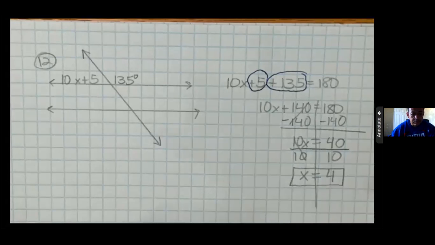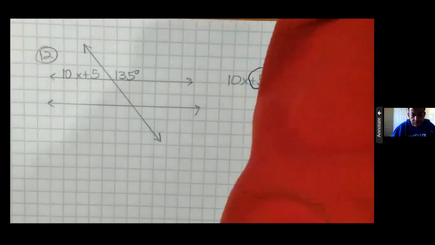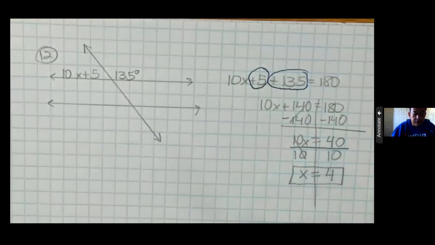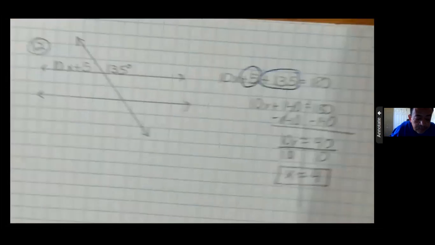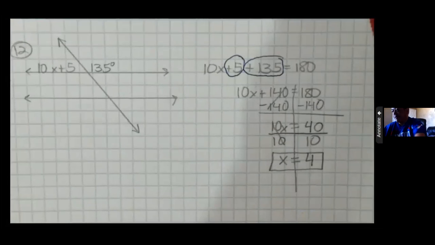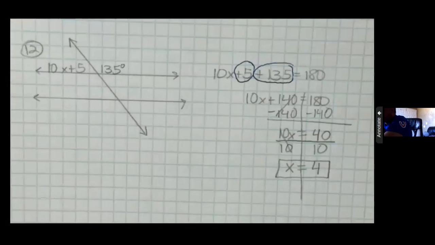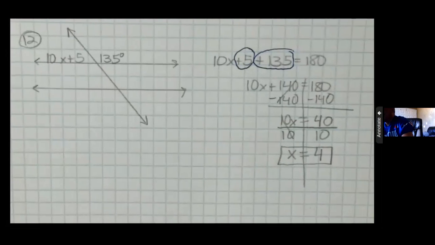Let me try mine. Control shift and the number above the 6.